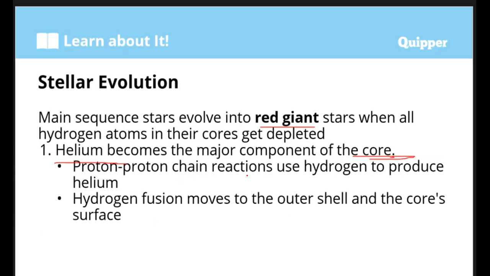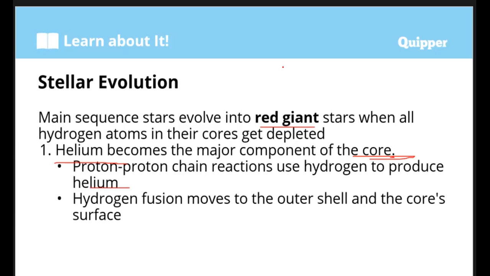So proton-proton chain reactions use hydrogen to produce helium because the red dwarf star gathers hydrogen, and the hydrogen is being depleted in the universe.